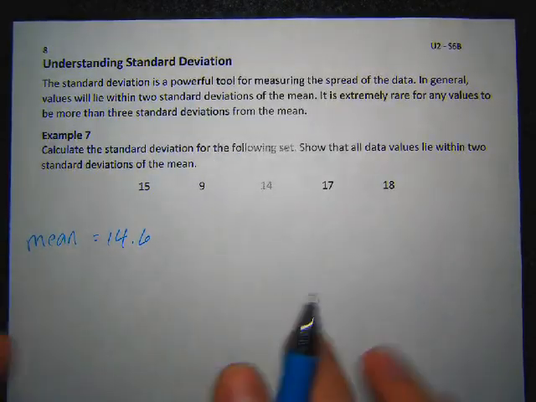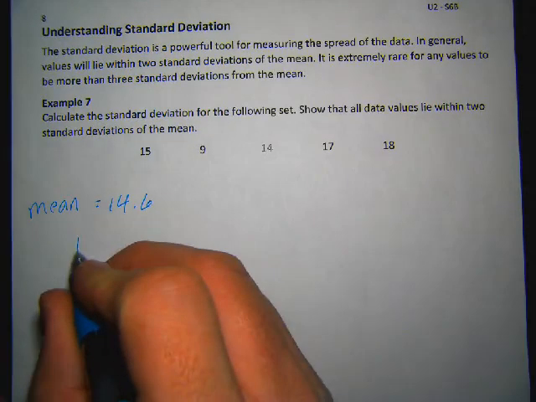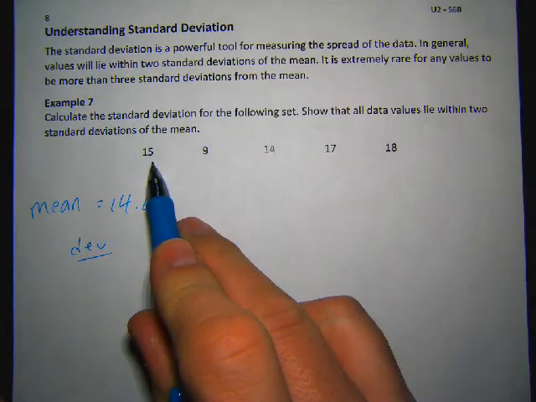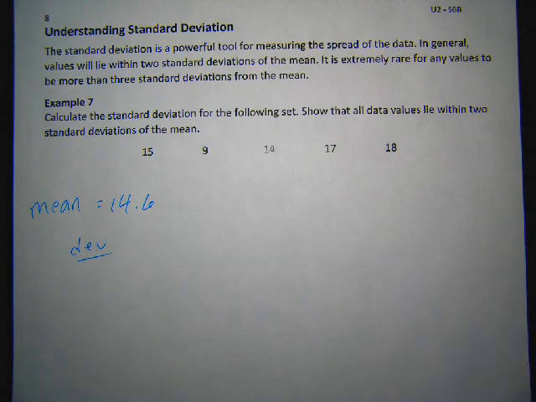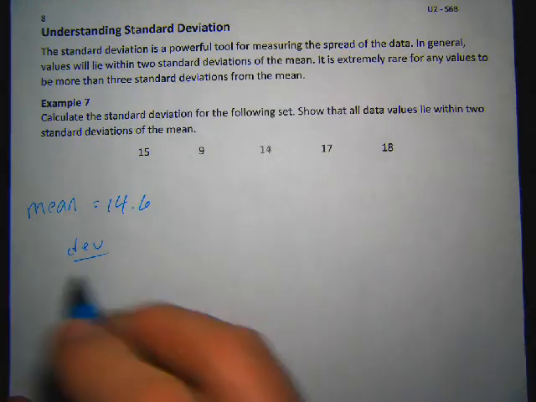Now to find the deviations, the first thing we do is subtract 14.6 from these numbers. You'll notice I'm not putting them in order. You don't need them in order for finding standard deviation, so you don't have to. I can just go ahead and do them as they are.